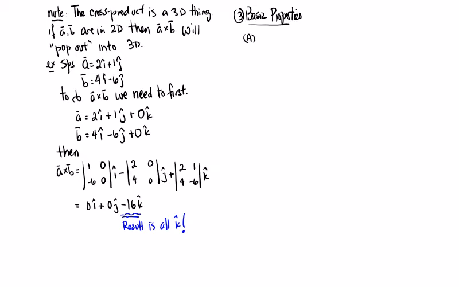So the first one is we get distribution. In other words, if I have a vector A and I cross that by B plus or minus C, 2 other vectors, I can distribute that multiplication. And I'll put parentheses here just so that we can see what's happened. And this happens whether you cross at either end. In other words, if you cross on the right, you'll get the same thing.